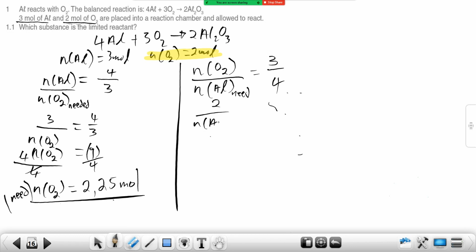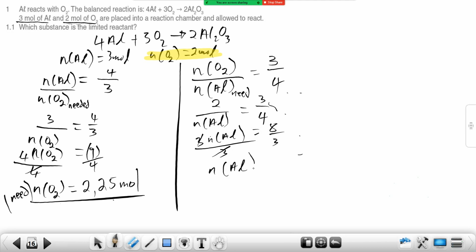What is my number of moles of oxygen, 2, over the aluminium that I need, which equals 3/4. Then I do the maths: 3 times aluminium equals 8, divide by 3.